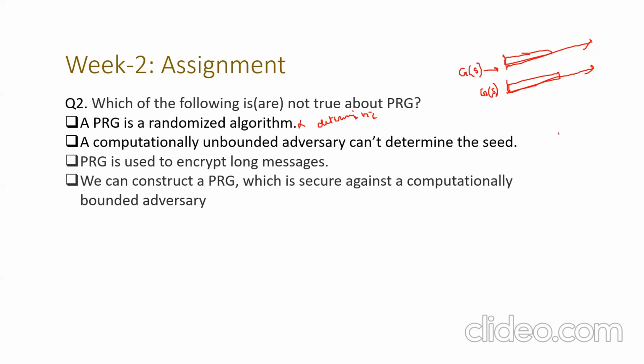So you are able to see the output g of s as an attacker. Now you know the length of your seed, because that is specified in your definition of PRG. So it maps maybe some m length bit string to an ln bit length string. So you are seeing an ln bit string.